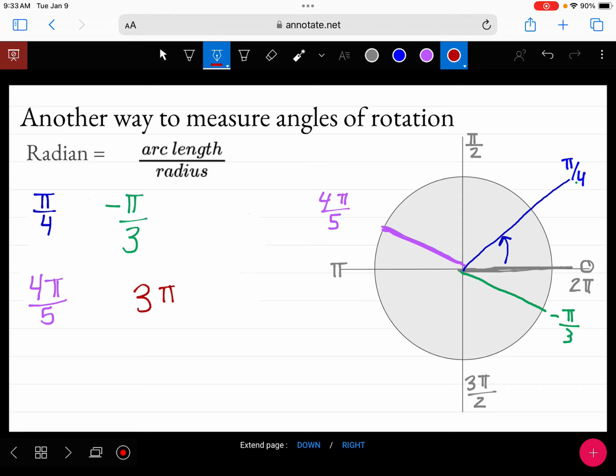It starts at the initial side. 1 pi, 2 pi, 3 pi. So this angle is a straight angle. So this is pi, this is also 3 pi.